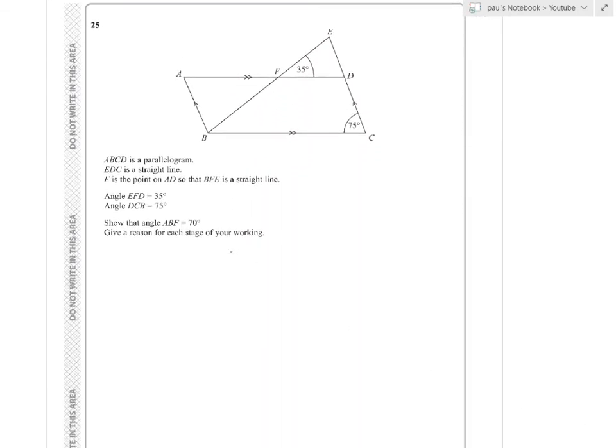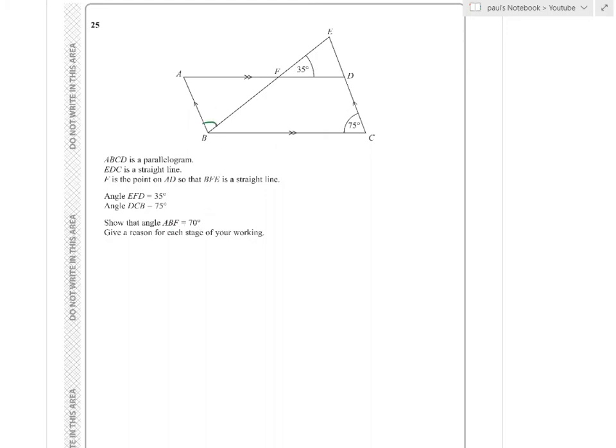ABCD is a parallelogram. EDC is a straight line. F is a point on AD. BF is a straight line as well. Show that angle ABF is 70.